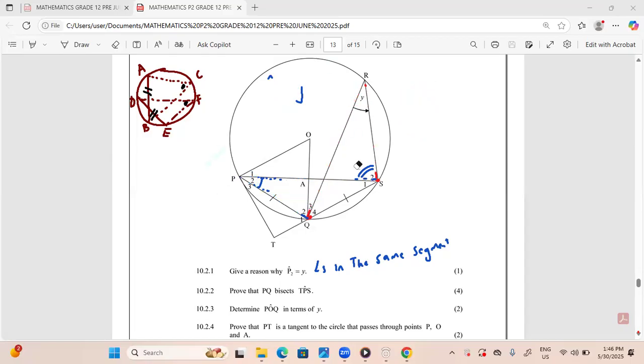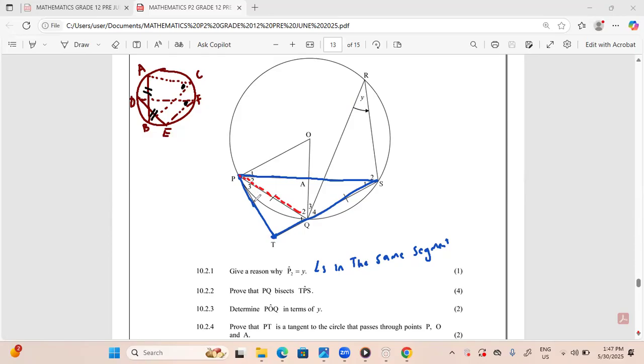I'm going to firstly identify the triangle TPS. This is the triangle TPS. Now they are saying, prove that, 10.2.2, prove that PQ bisects the angle TPS. So this line PQ, we must prove that it bisects the angle TPS.